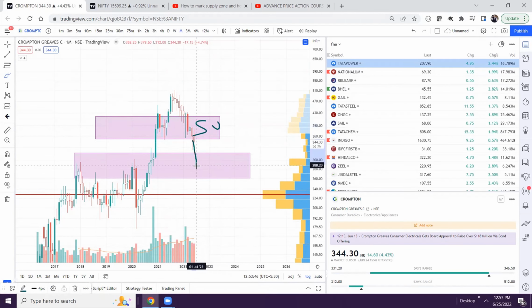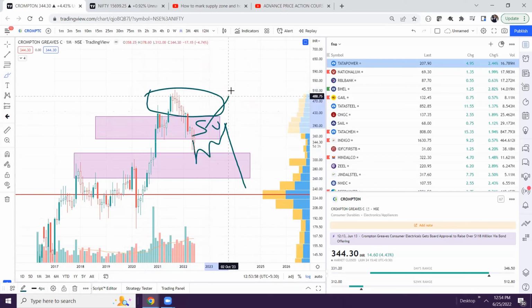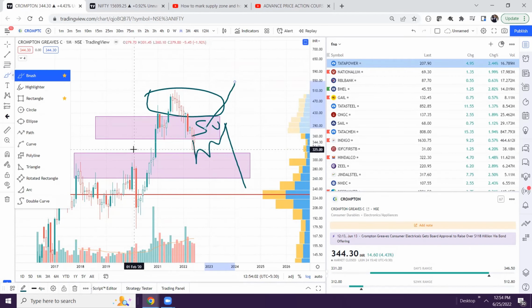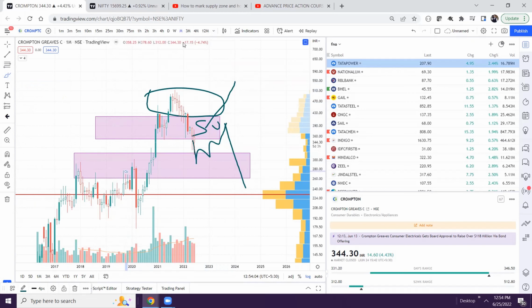So now price will react from this and then again fall. This is what happens most of the times. Instead of this, now this entire supply needs to be cleared for fresh buying.